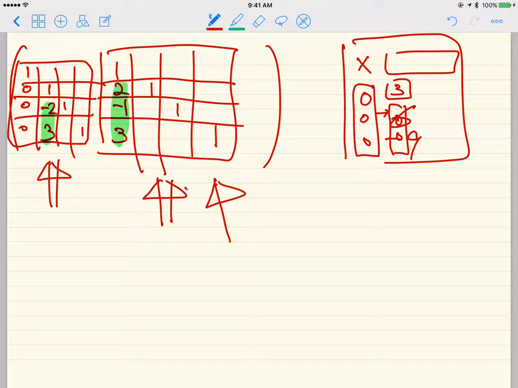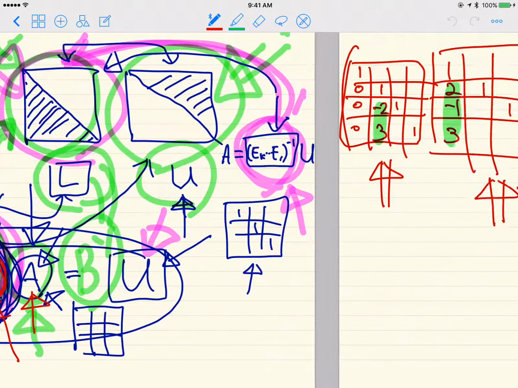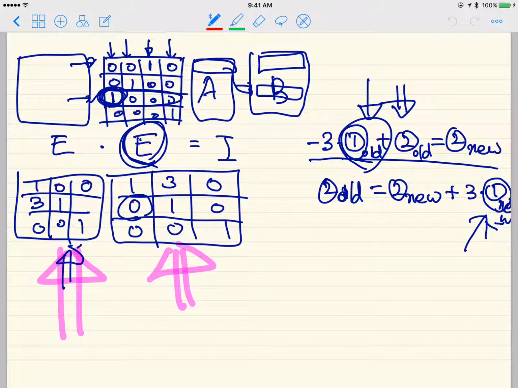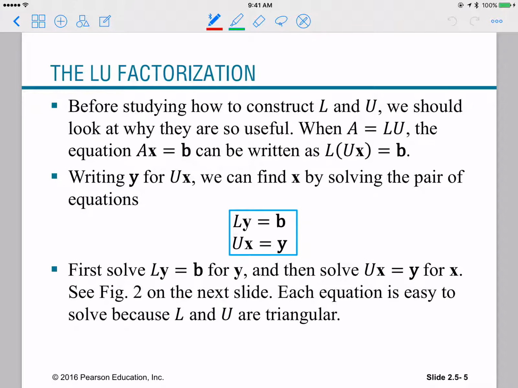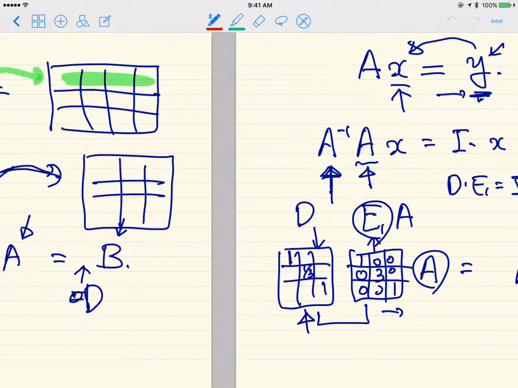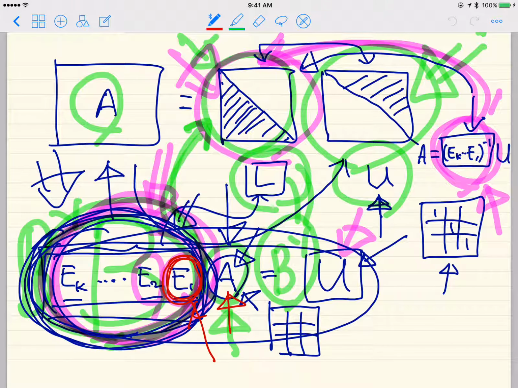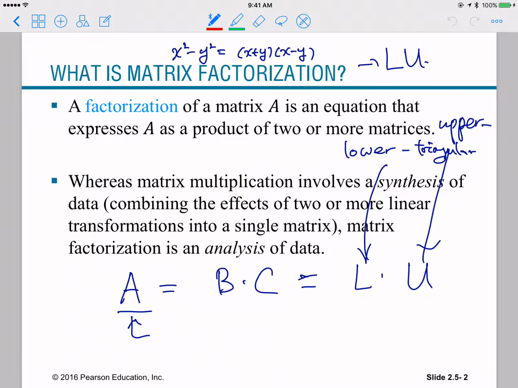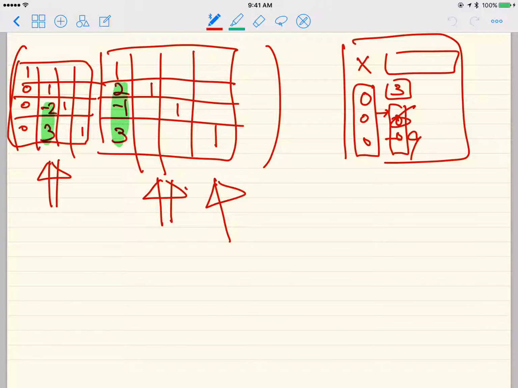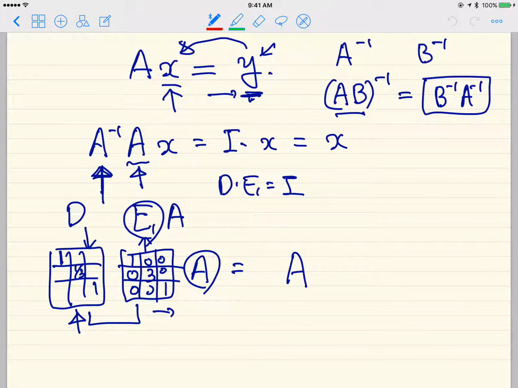And actually I can give you the inverse of each matrix. And each matrix, if you remember, I want to find it.